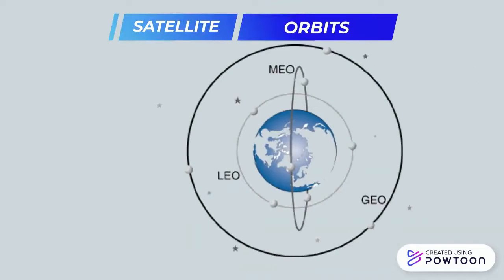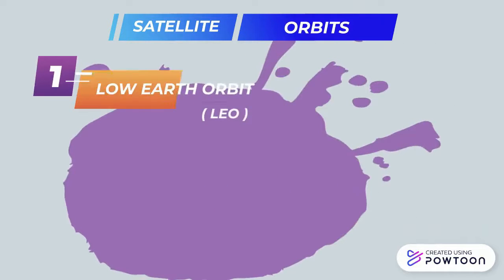Satellite orbits are also classified based on their height above the Earth, which are LEO, MEO, and GEO. Number 1, low Earth orbit.